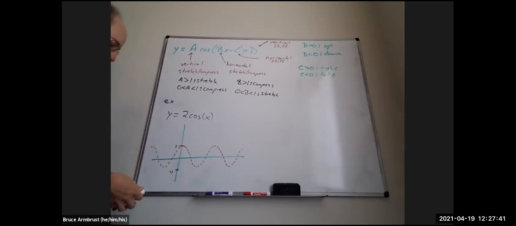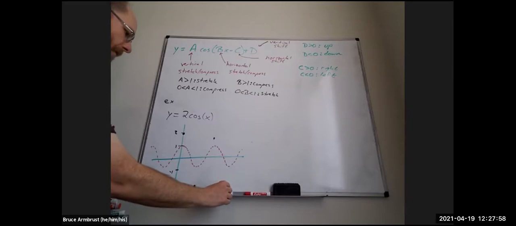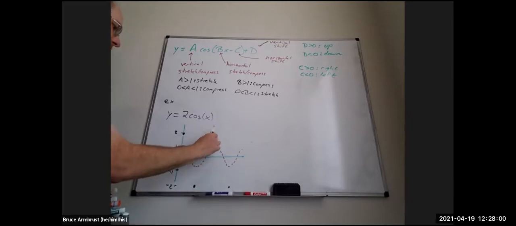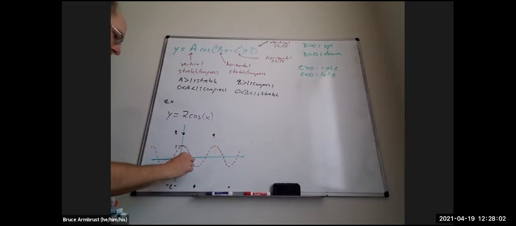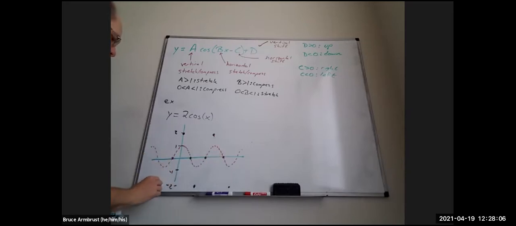So instead of being at 1, we're now going to have a point that's at 2. And instead of being at -1, we're going to be down at -2. So all those points are now at 2 and -2. And all the ones that are 0 are still at 0. Because if you double 0, you still get 0.